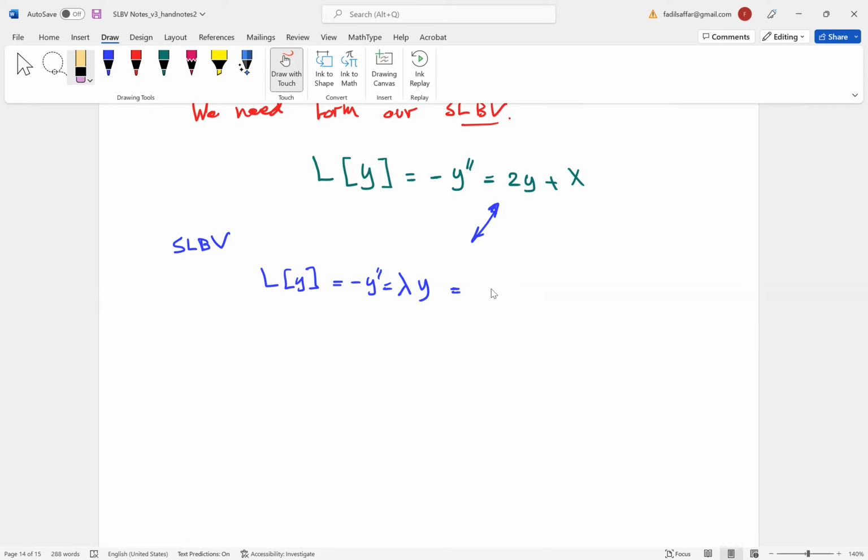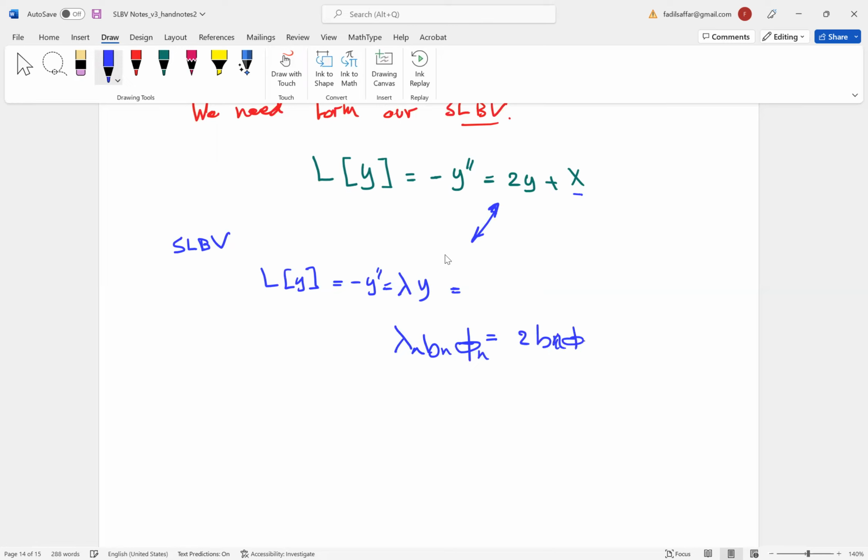We want to express all of these parts as expansion of eigenfunctions, which means that this one here, the 2y, let me rewrite it. This lambda now, this y needs to be written as an expansion of the eigenfunction. And this one here, again, needs to be written in terms of expansion of eigenfunctions.